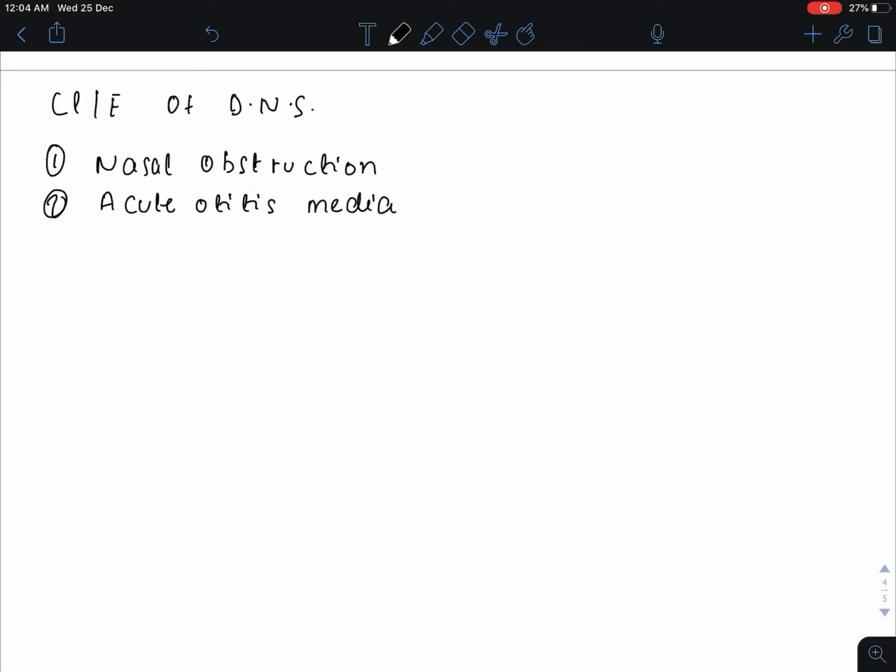Clinical features of DNS: headache. All these can occur due to deviated nasal septum.